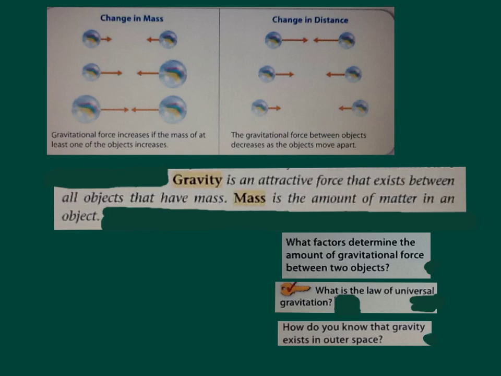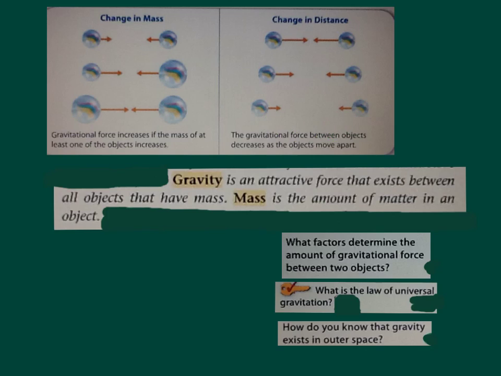So to sum up that example, because the distance between you and the gravitational force of Earth has increased, that means that the force that is being applied is less.